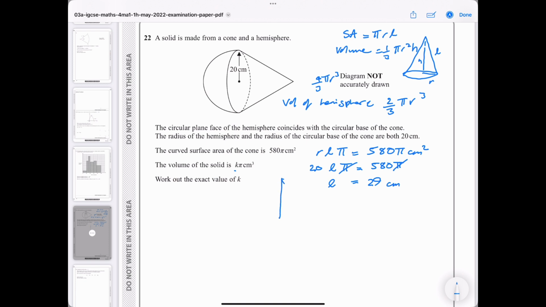So if we know this is H, this is 29 and this is 20, then what can we use to find H? Well, we can use Pythagoras, so a squared plus b squared equals c squared.